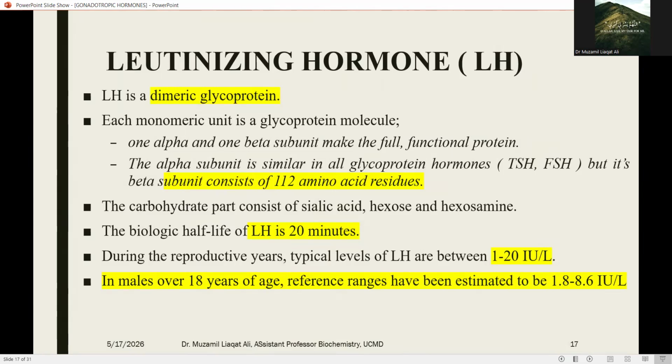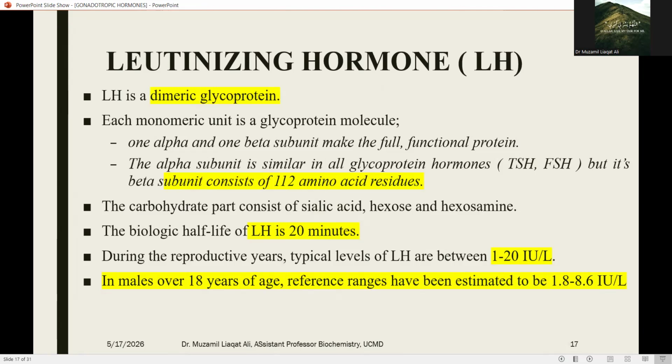LH is a glycoprotein with alpha and beta subunits. The beta subunit has 112 amino acids, while the alpha subunit is the same as we discussed in FSH. The half-life is around 20 minutes, produced by the same gonadotropin cells under gonadotropin releasing hormone regulation.